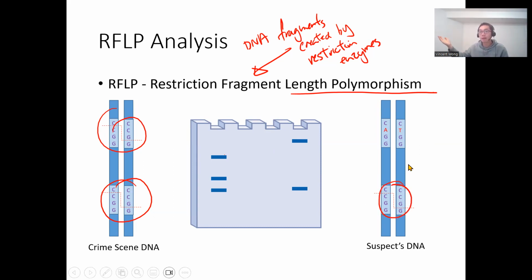For someone else, maybe they also have another mutation here that caused this to become an A and a T. Then for that person, that DNA will not get cut at all by the restriction enzyme. So depending on whether or not there are mutations in the recognition site, that's going to cause the number of fragments to be different.